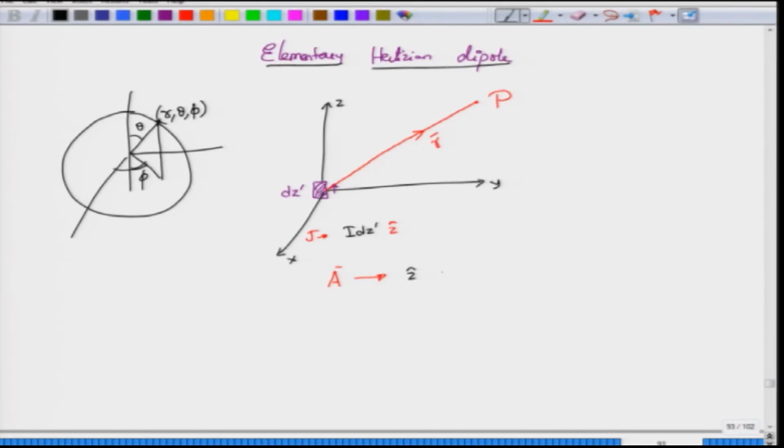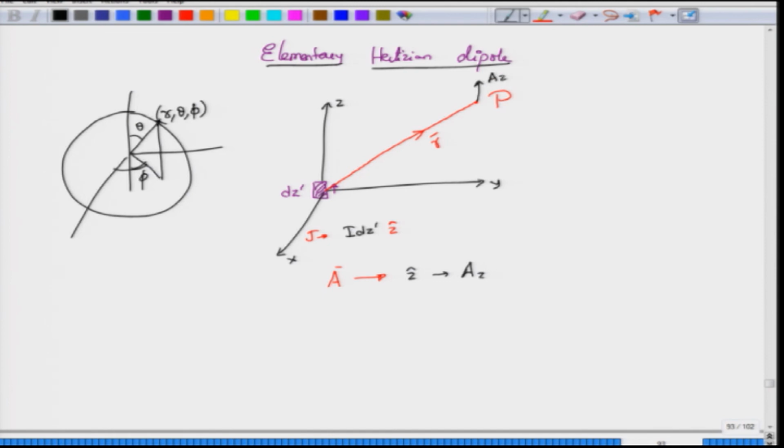The straightforward way to calculate the magnetic and electric fields associated with this radiation element is to calculate A, which will point in the same direction as the j vector, and from A calculate the fields using the formulas that we have already developed in the last module. So, A will be directed along z, and I can write this as a scalar, the A z component.